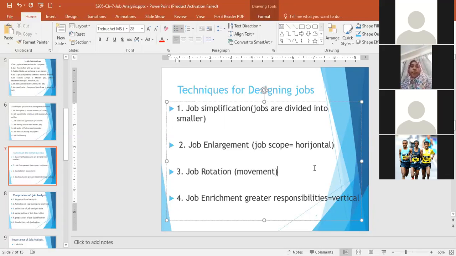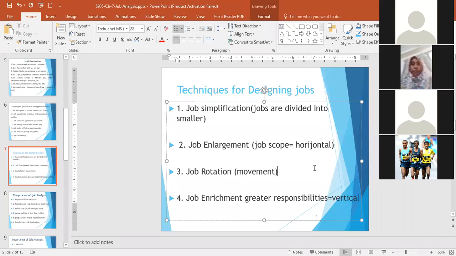So number 4 is job enrichment. Here number 2 is enlargement and number 4 is enrichment. In enlargement we get the horizontal, that means the job scope has increased, but in case of job enrichment, here also the duties will be increased, but to a higher degree, okay.